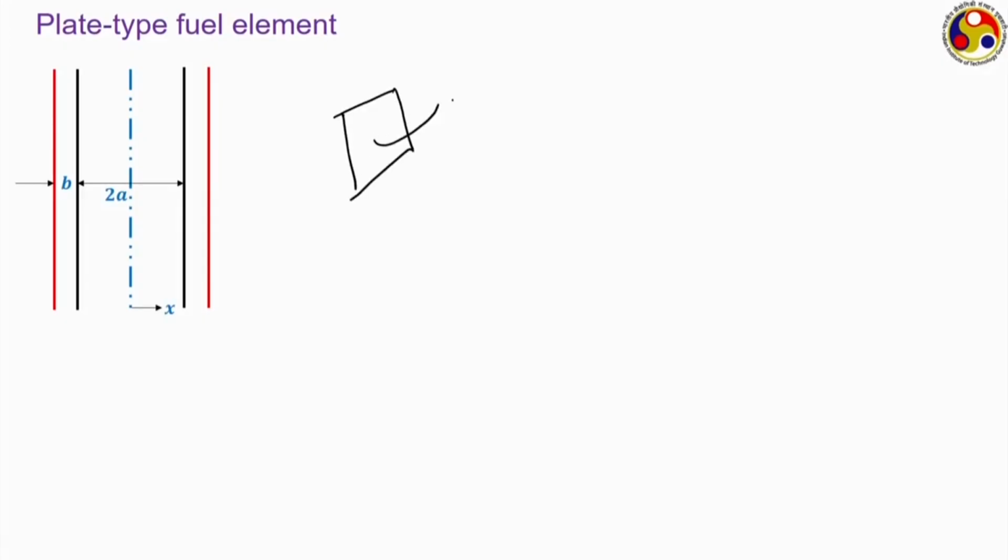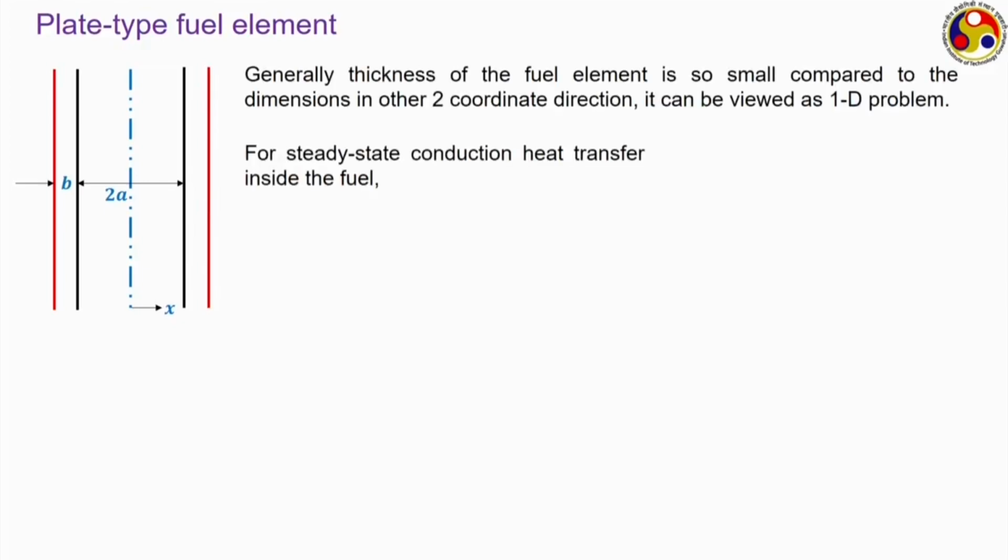Its cross section area we are taking as capital A, the cross section perpendicular to this slide, and on both sides this element is covered by a cladding of thickness b. Now, in general reactors we will find that this dimension 2a is extremely small compared to the dimensions in the other two directions, and hence it can be viewed as a one dimensional problem.